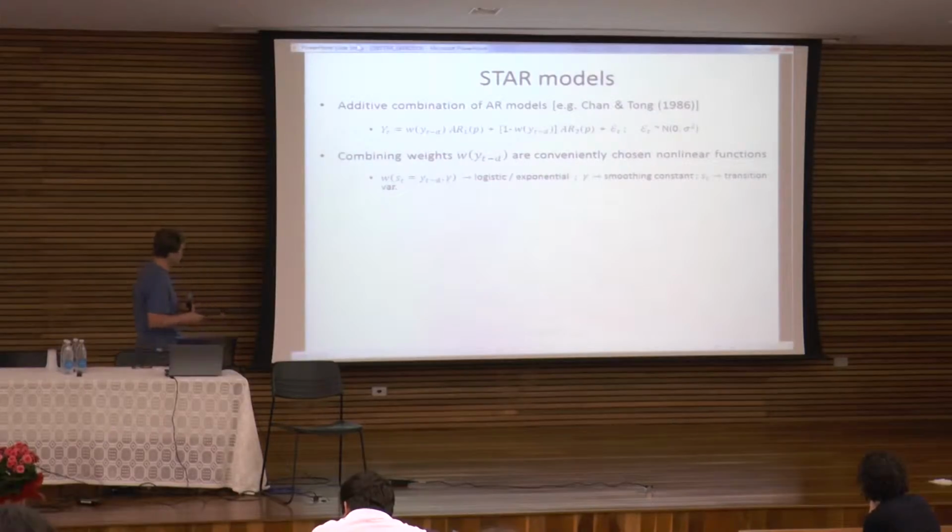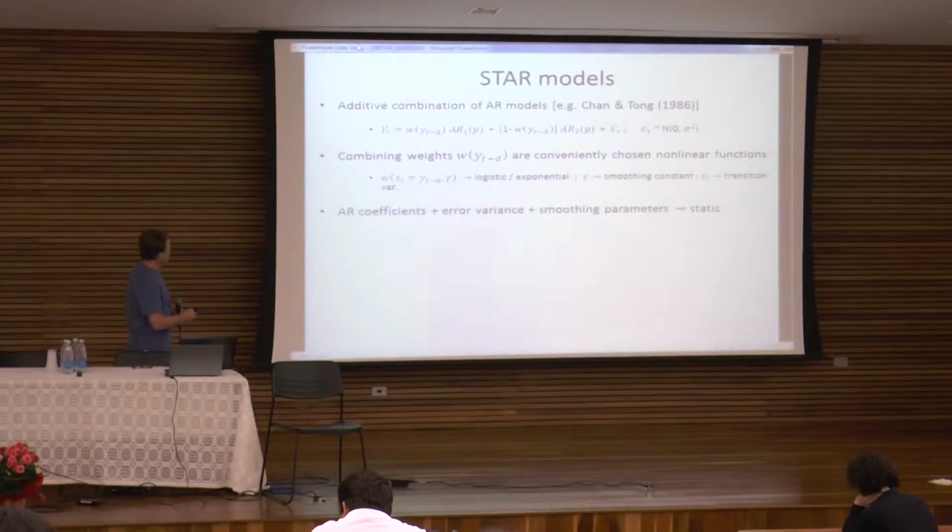This transition function is conveniently chosen to be a smooth nonlinear function between the two regimes. Two types are mostly used: the logistic and the exponential. There are other functions, but those are the most commonly used.